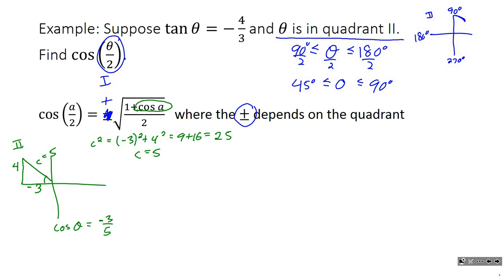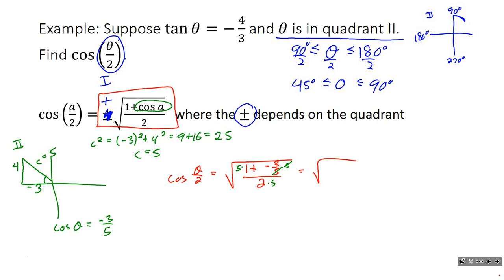And now let's do the final bit of work to get our answer using this formula here. Cosine of theta over 2. We determined that it's positive. It will be the square root of 1 plus our cosine, which was -3/5, all over 2. I showed you a trick in the last example. Let's multiply each of these 3 numbers by 5, which is kind of nice because the 5's cancel then.